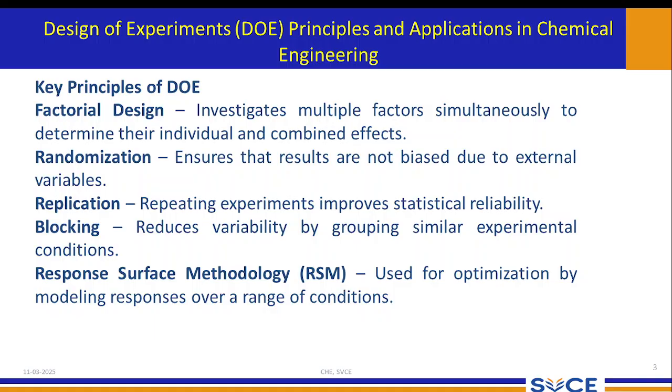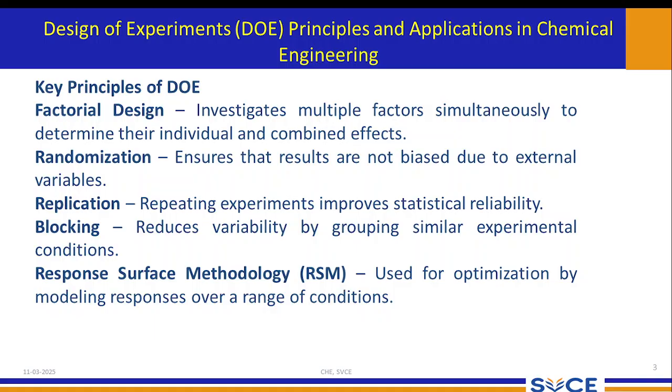For example, the noise: when I am taking a lecture, if there is noise coming from the fan, whether this fan will have an effect on the lecture delivery. I want to remove that, so make sure it does not have noise. To ensure the results are not biased due to external variables, we need to apply randomization. Hope you understood what I am trying to say.